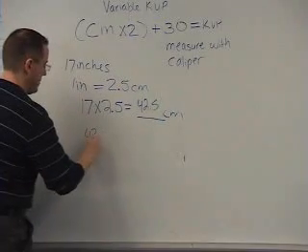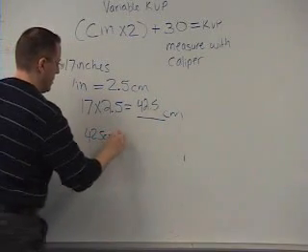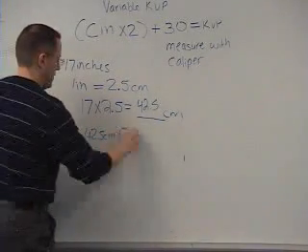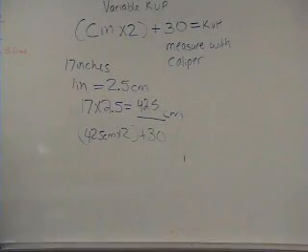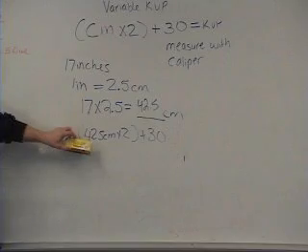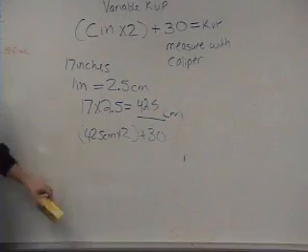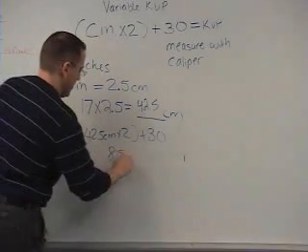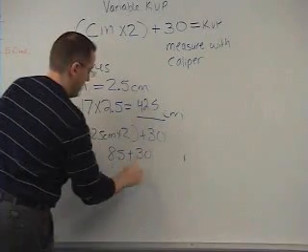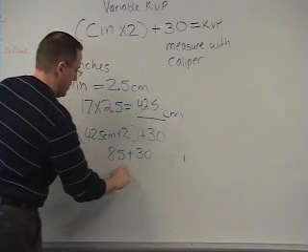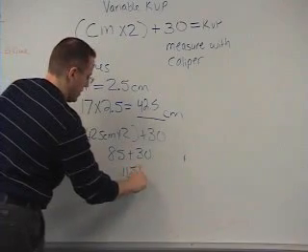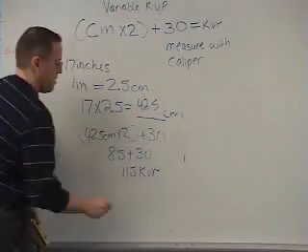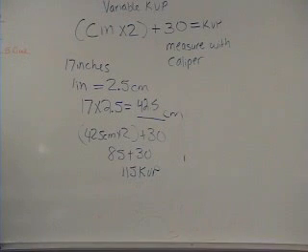So then you take the 42.5 centimeters times 2 plus 30. That's 85. 85 plus 30 is 115. Okay, so this is called the variable KVP technique.